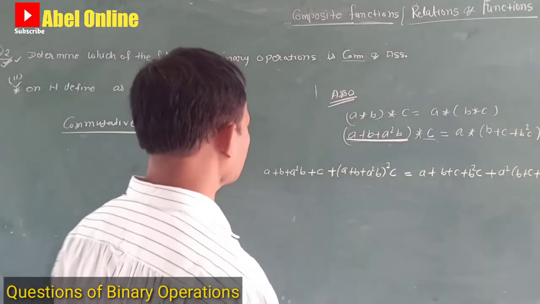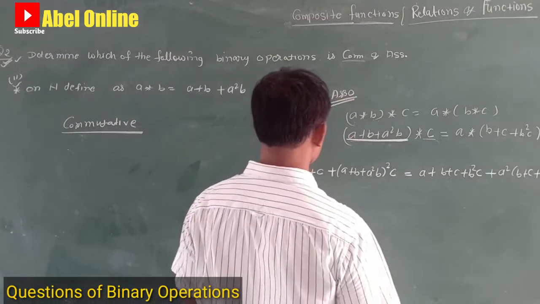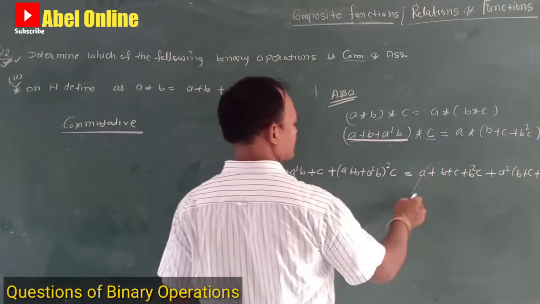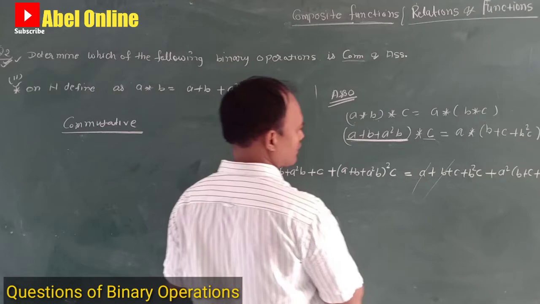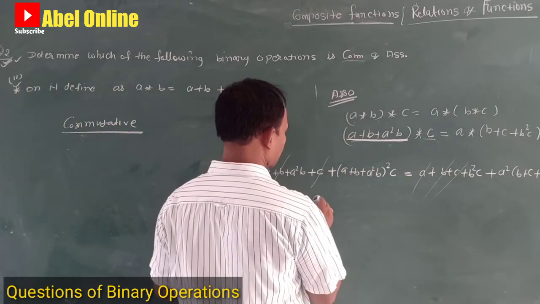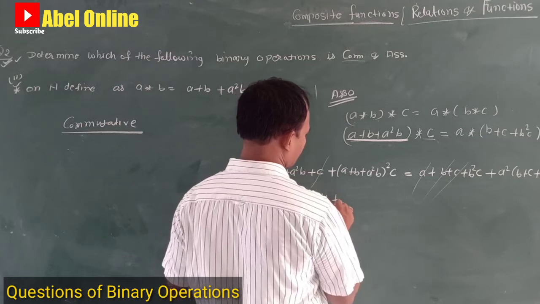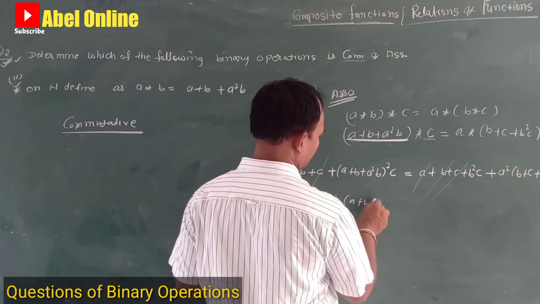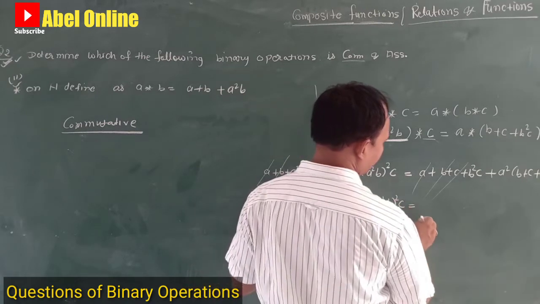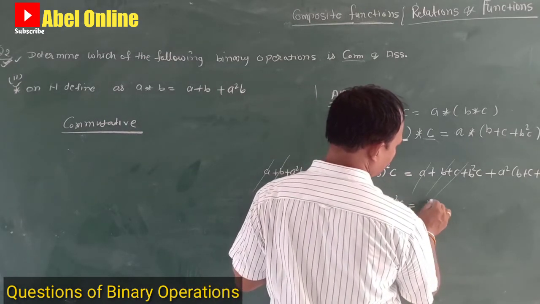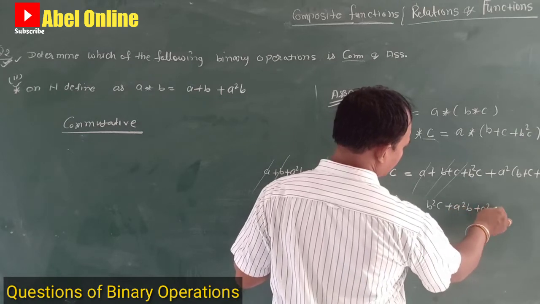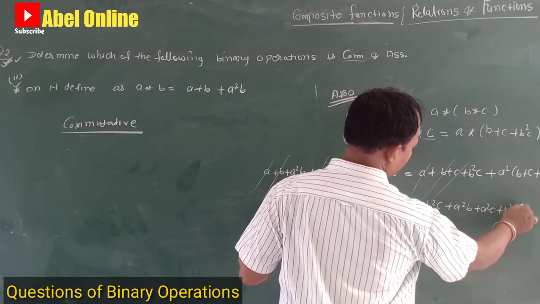Okay, so it is totally clear that this is not equal to this, because a is cancelled by a, b is cancelled by b, c is cancelled by c. So a square b plus a plus b plus a square b whole square c is b square c plus a square b plus a square c plus b square a square c.